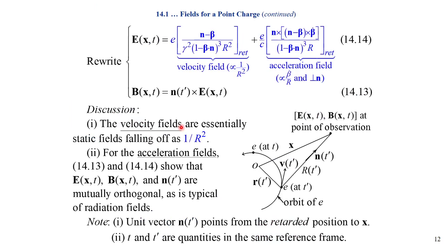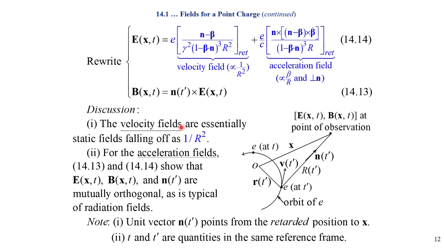Just consider it as a box. Put the Liénard-Wiechert potential into the box, and we will have the electric field and magnetic field. And the magnetic field is related to the electric field, so we can focus on one field. For example, in this case, let's focus on the electric field.